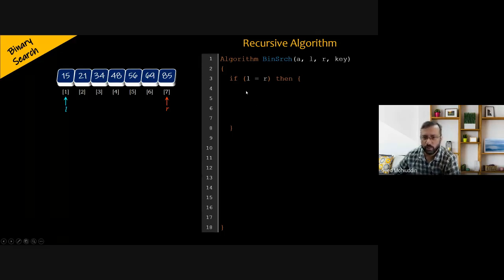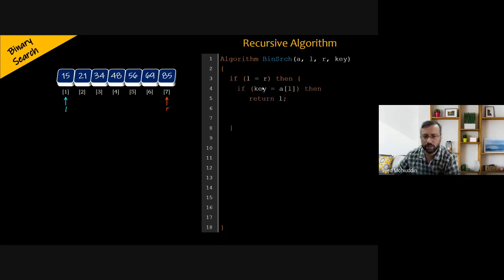So when L is equal to R, that is, when left index is equal to the right index, there is only one element and it is very easy for us to solve that problem.